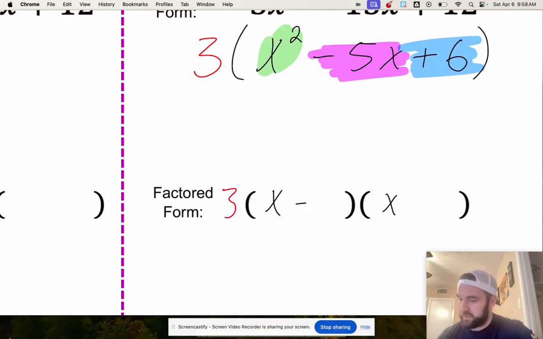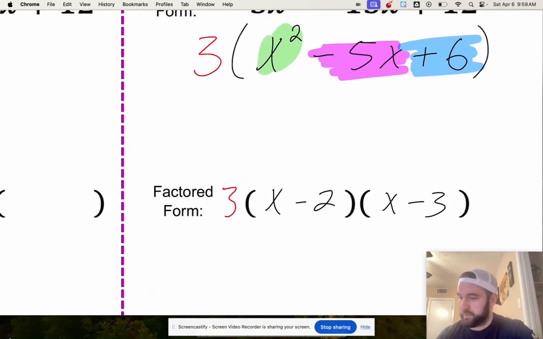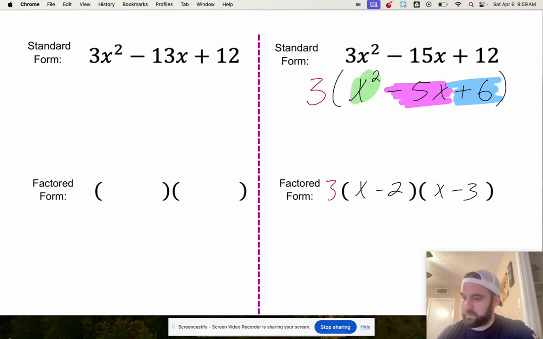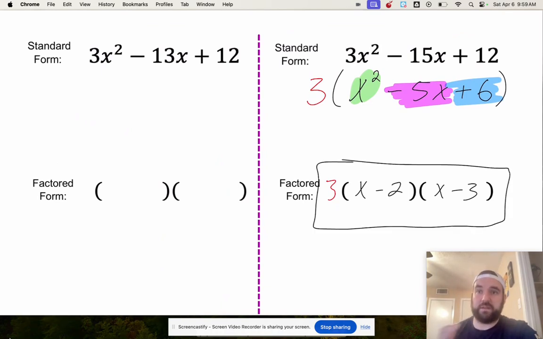And I'm going to use -2 and -3, because here I get -2x and here I get -3x. And together that does equal -5x. So there is my factored version of that one. So 3 was a GCF. I took it out. We're good.